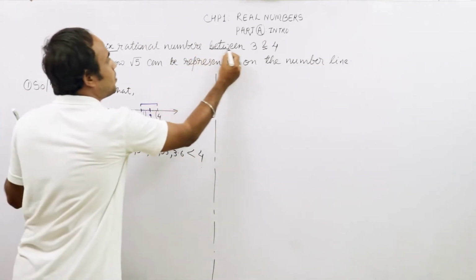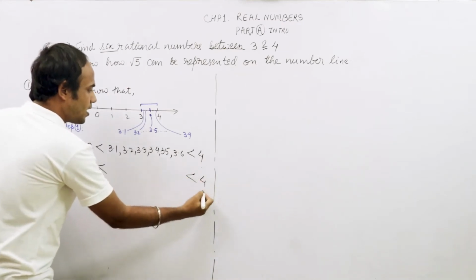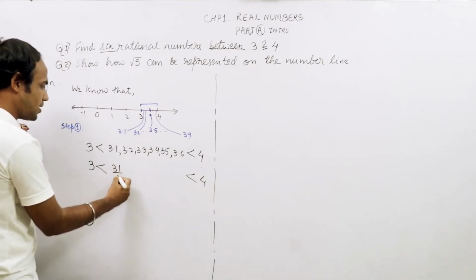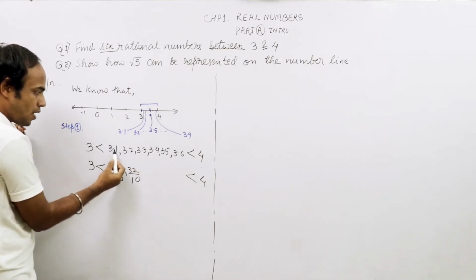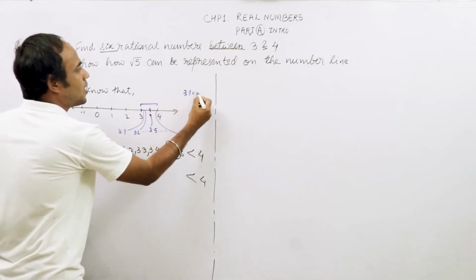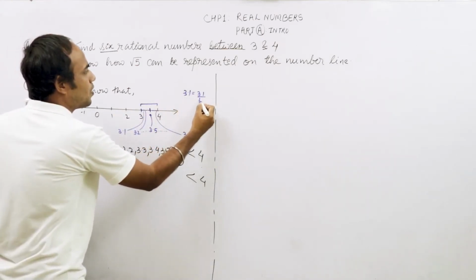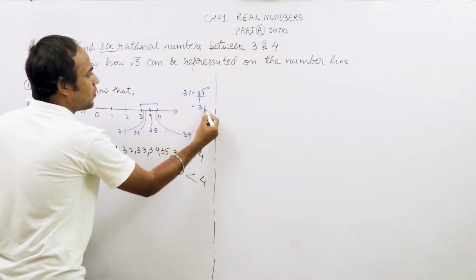They have said between. So therefore, between 3 and 4, what we get is nothing but 31 by 10, 32 by 10. Why 10? Because this 3.1 is nothing but 3.1 upon 1. So this decimal removal will bring 10 below.